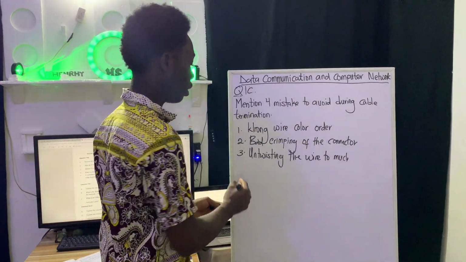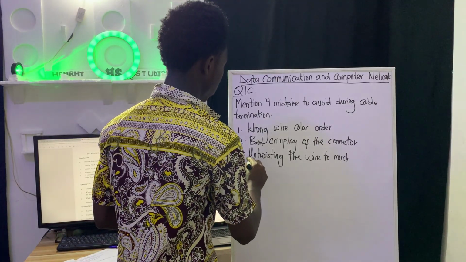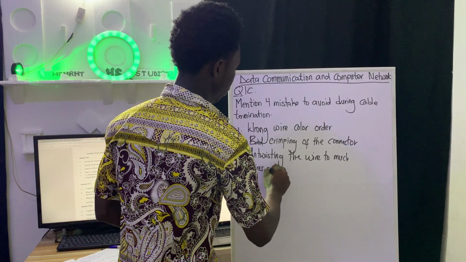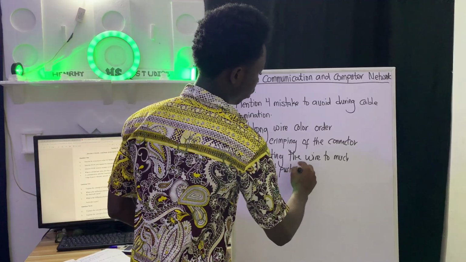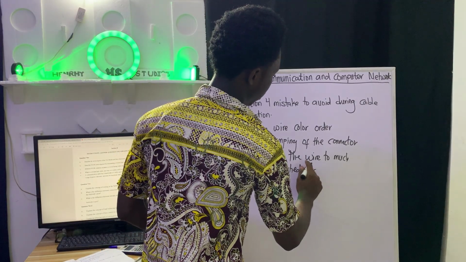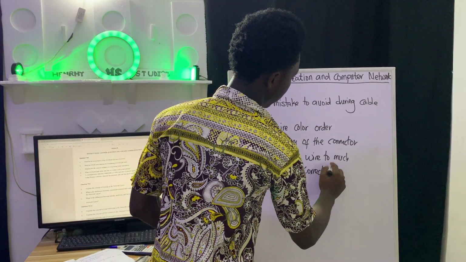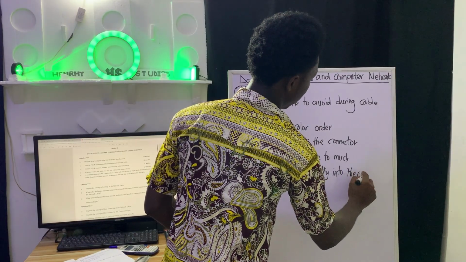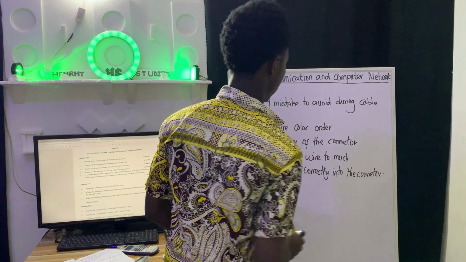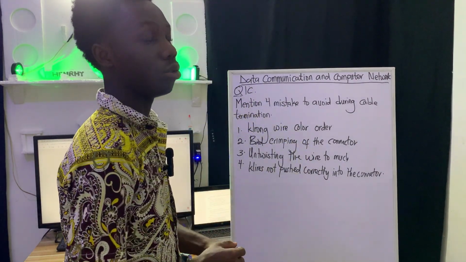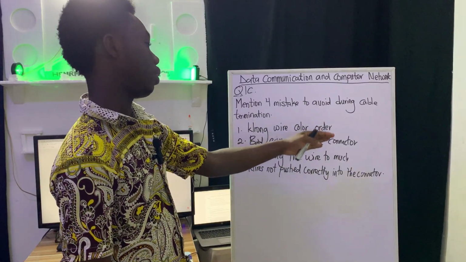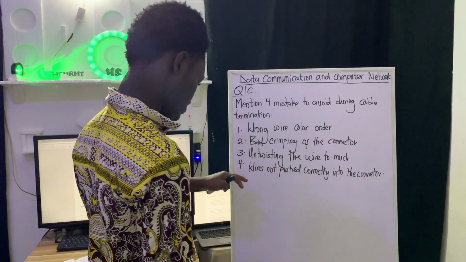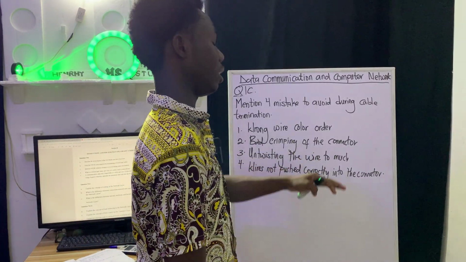And 4, lastly, wires not pushed correctly into the connector. So these are the 4 mistakes you should avoid: wrong wire color order, bad crimping of the connector, untwisting the wire too much, and wire not pushed correctly into the connector.